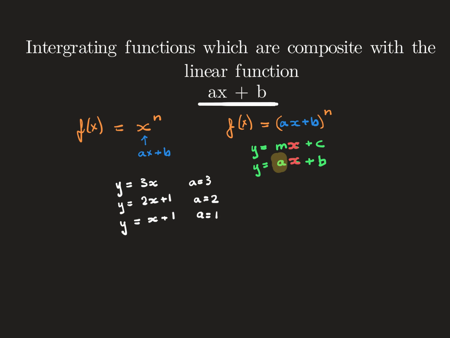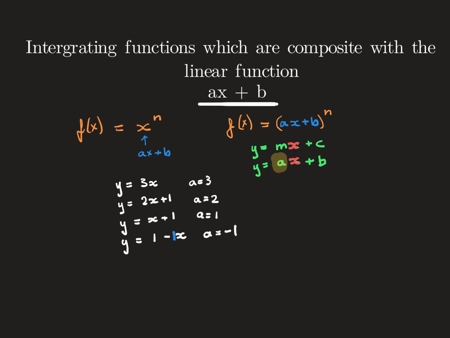And here's the tricky bit. What about if my y is equal to 1 minus x? Well, I have changed the x to being last, but we know that the a is the number in front of the x, so it really is minus 1. So please remember that a in this case will be minus 1.